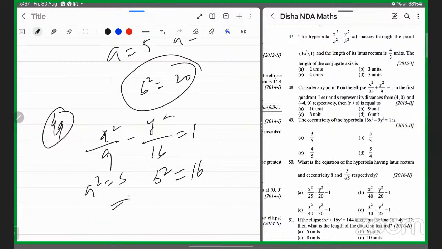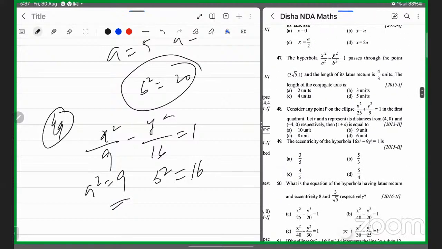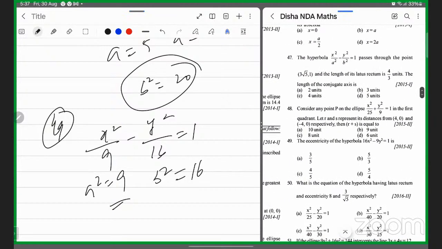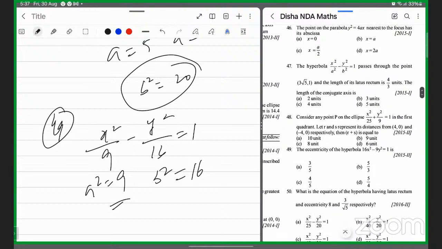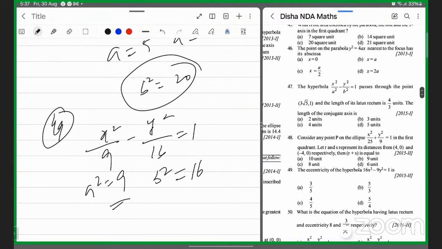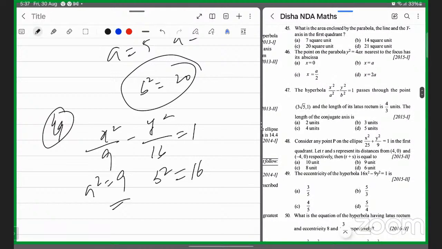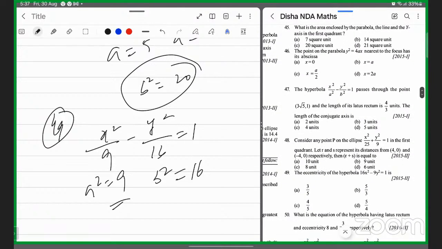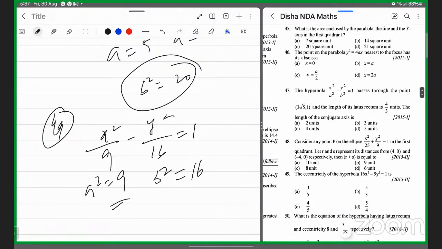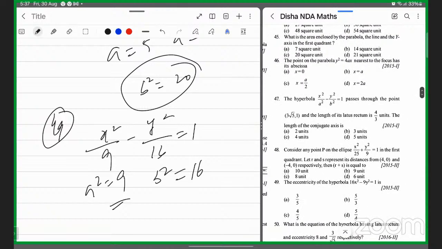You can calculate. Now 48 you can calculate at home. Do you want to do 47 right now or will you calculate at home? Tell me. 47, do you want?